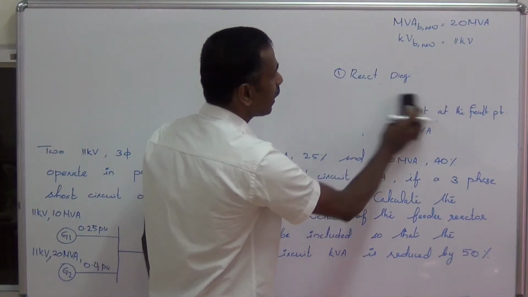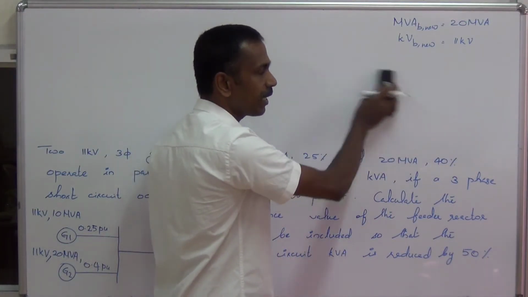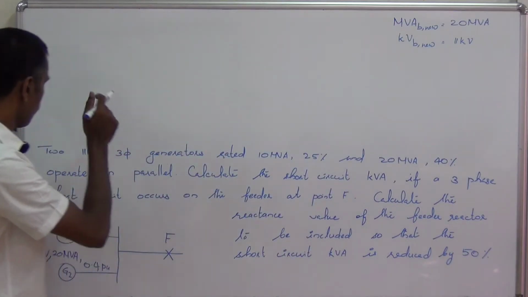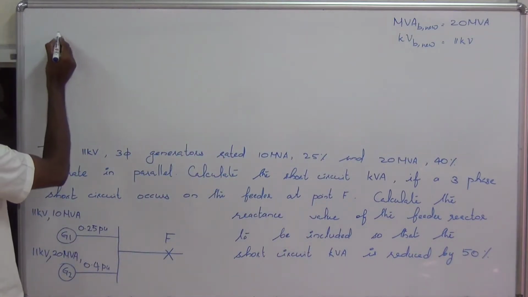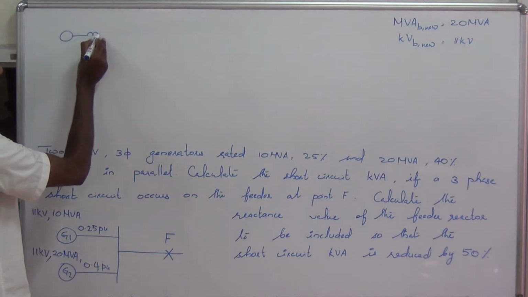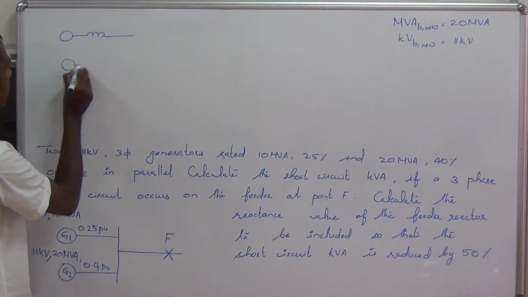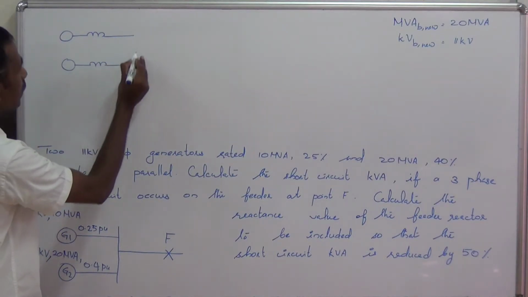So now we have selected the MVA base. Let's draw the reactance diagram now. We have two generators in parallel. This is the first one. This is the reactance of the first generator. The second generator and its reactance.